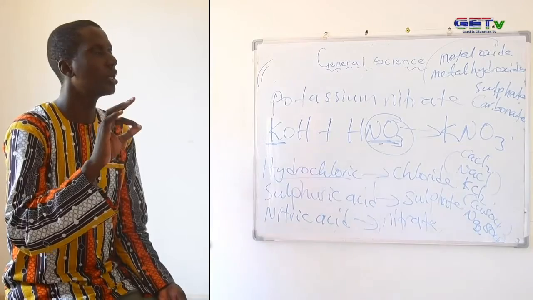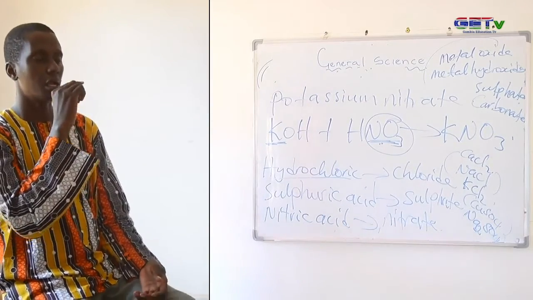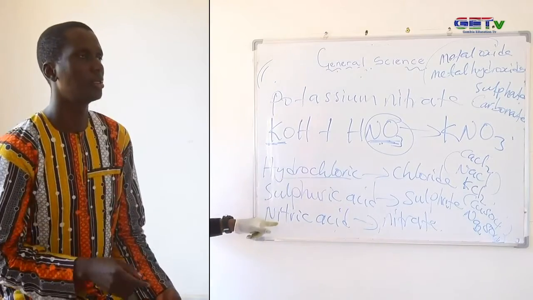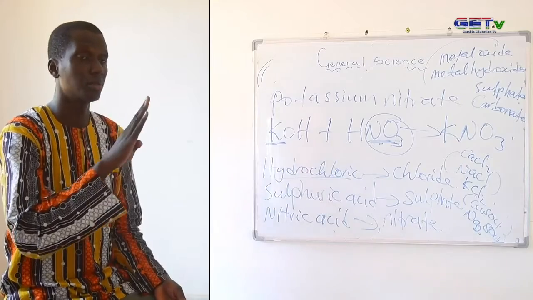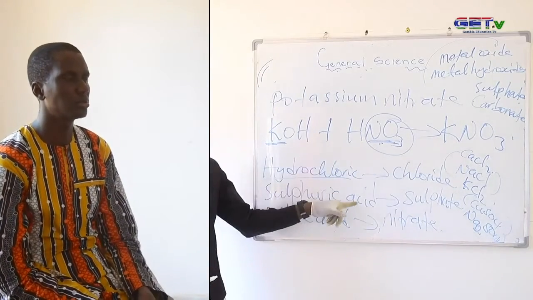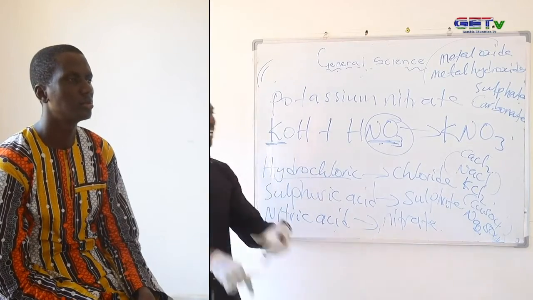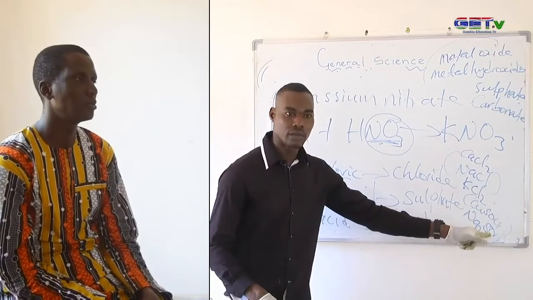So that's how you name salts. First, you name the metal that was used from the base. Then the second part of the name comes from the acid that was used. Whenever hydrochloric acid is used, the name of the salt should end in chloride. Whenever sulfuric acid is used, the name of the particular salt should end in sulfate, just like you see copper sulfate, sodium sulfate.